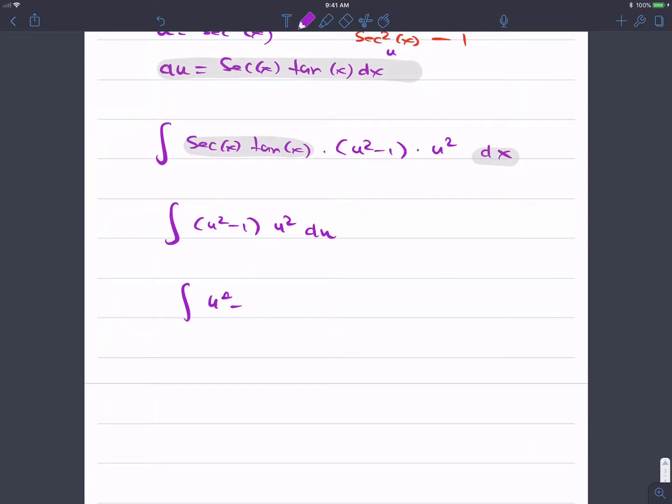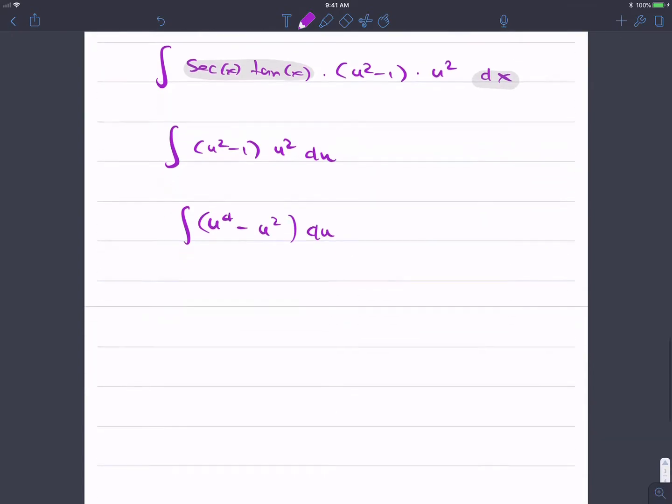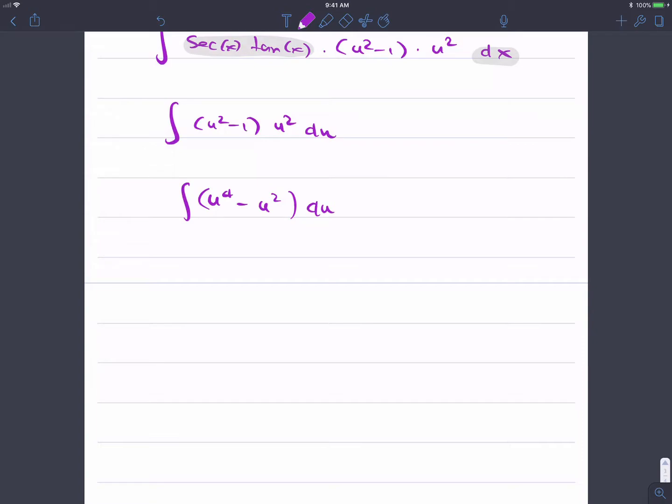4th minus u squared du. And we end up here with 1/5 u to the 5th minus 1/3 u cubed plus that c. So remember, u is secant.